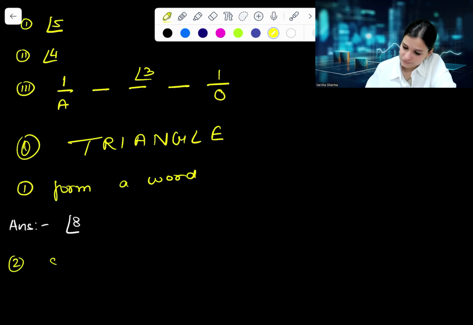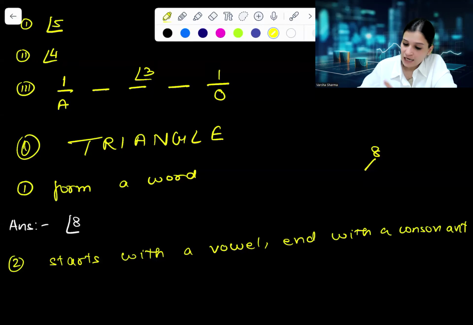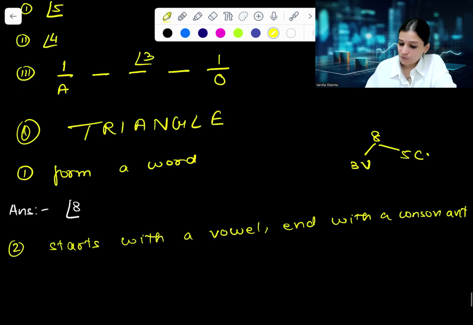Starts with a vowel, ends with a consonant. The given letters, there are how many letters? 8 letters, out of which there are three vowels, I, A, E, and five consonants. Now what I want is my first place should be filled by a vowel.